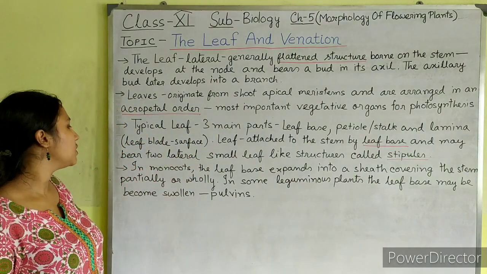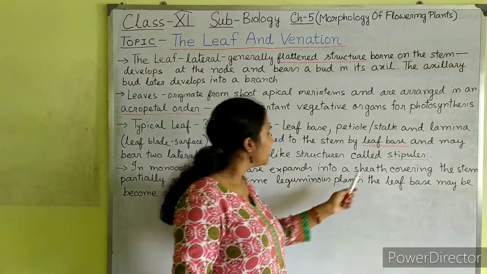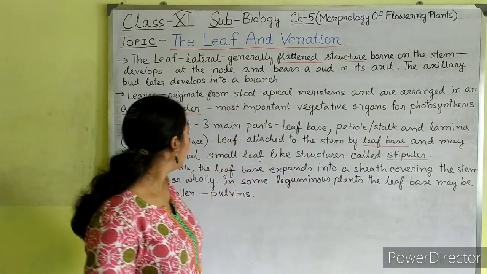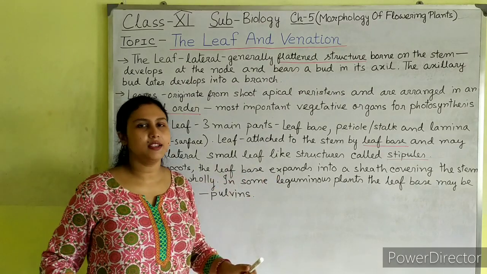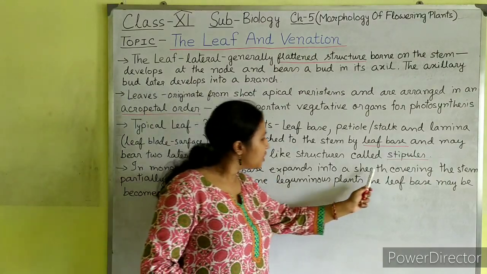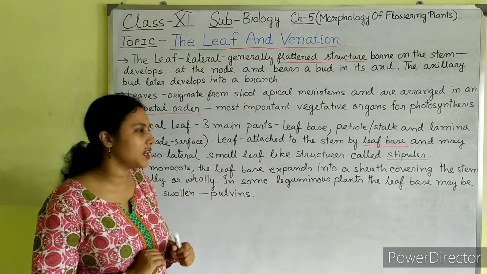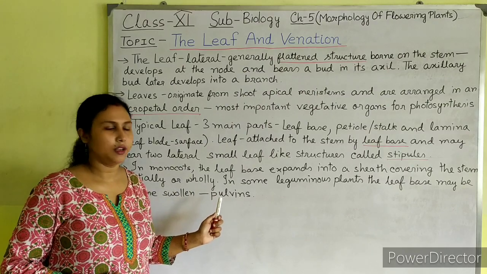In monocots, the leaf base expands into a sheath covering the stem, partially or wholly.